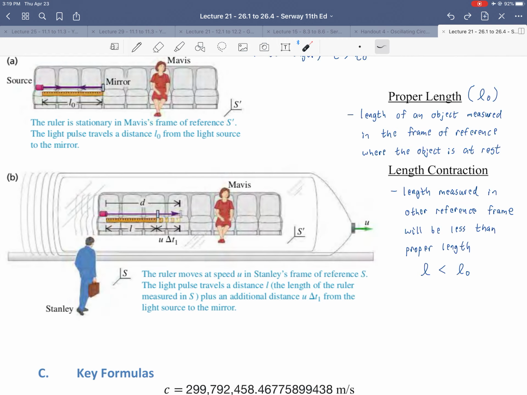It should appear shorter, and we do see that it appears shorter. But the distance the light travels appears to be longer here. Why is that? The light travels a distance L, the length of the ruler, plus an additional distance u delta t 1. This is how much time it took for the light to go from the source to the mirror.